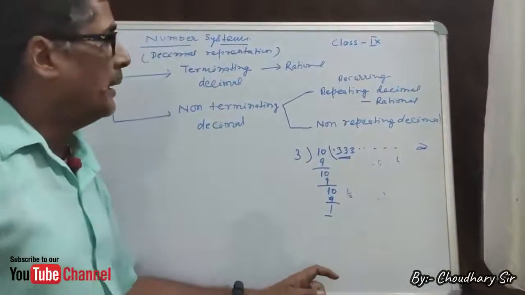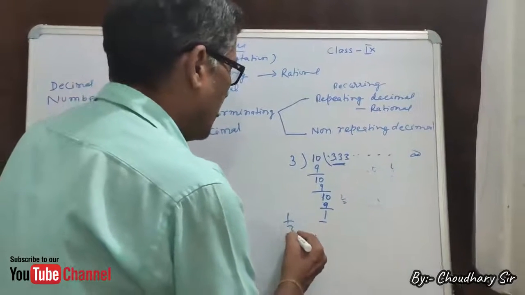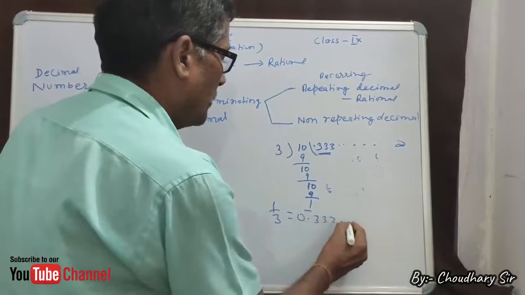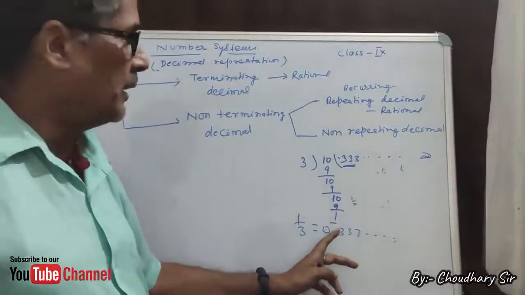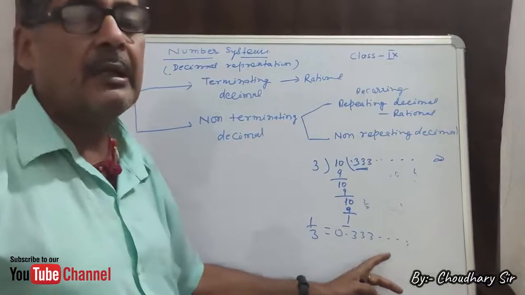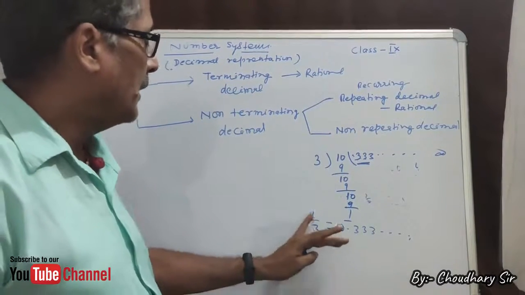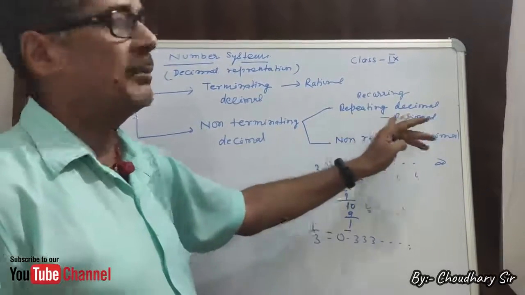So 1 by 3 can be written as 0.3333 and so on. Here the digits after the decimal are repeating. So this non-terminating decimal is also called a repeating decimal.